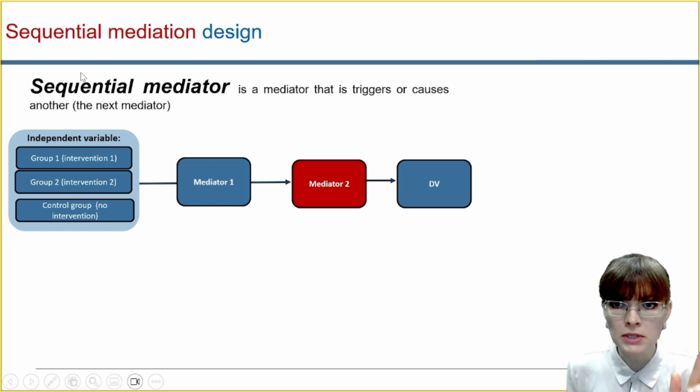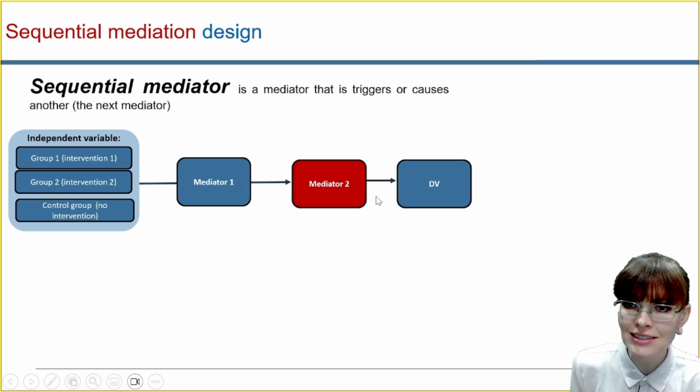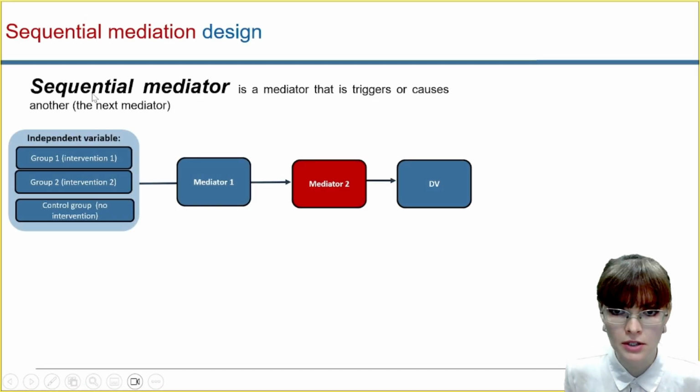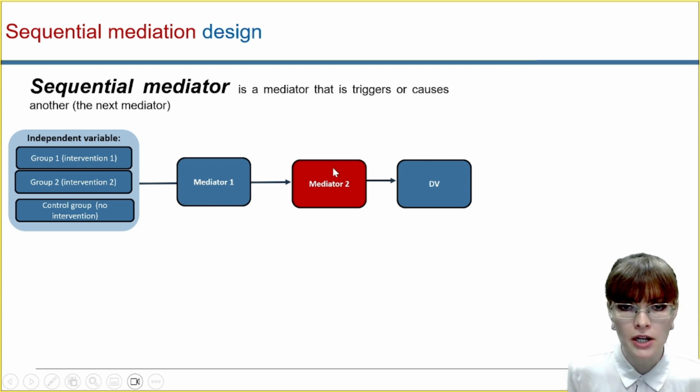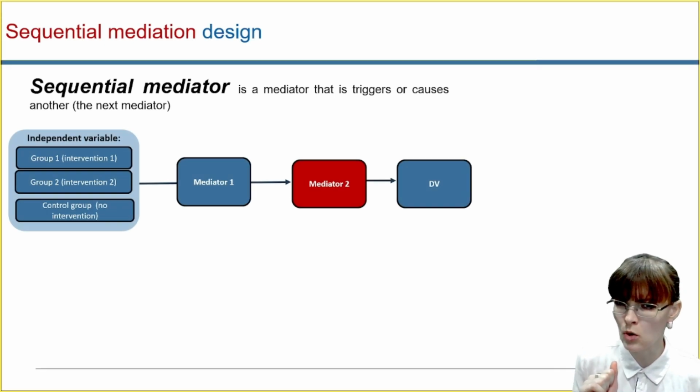So sequential mediation is an experiment where one mediator is a trigger, or it causes, or it relates to the next mediator. So as the name suggests, there is a sequence. You have your first mediator occurring, and then the second mediator occurring. Now, you may have already guessed that this type of experiment is more complex.